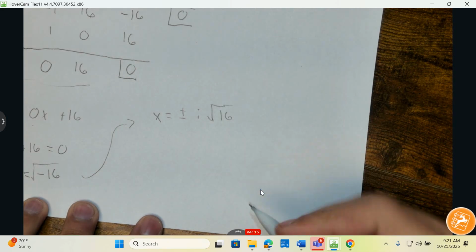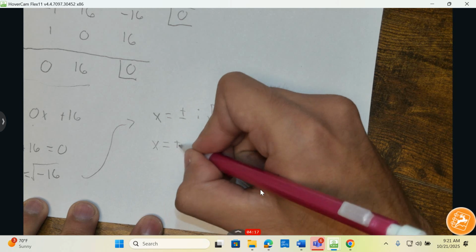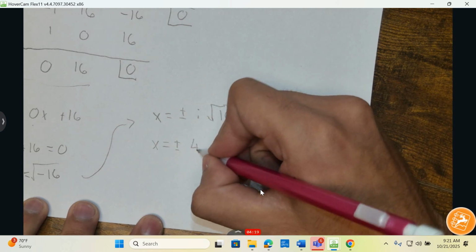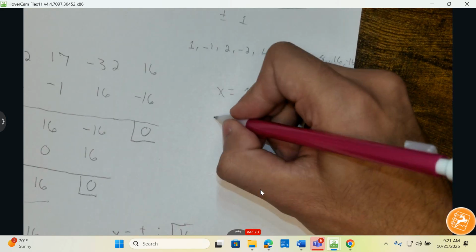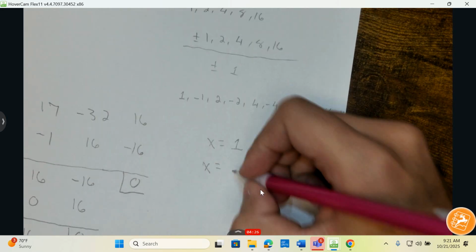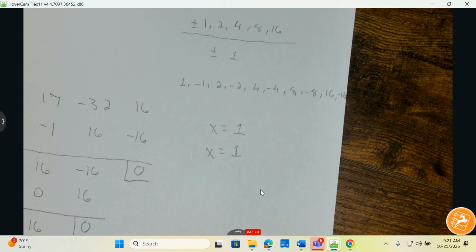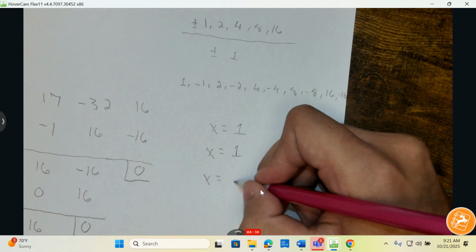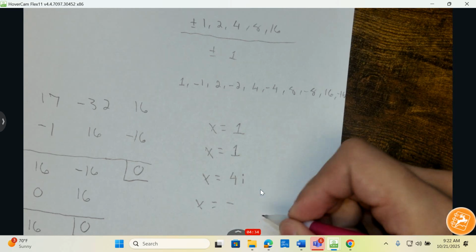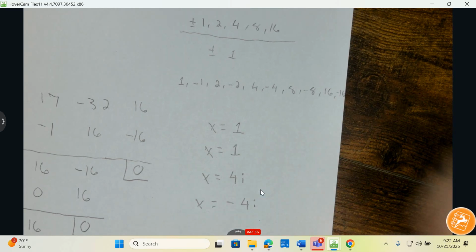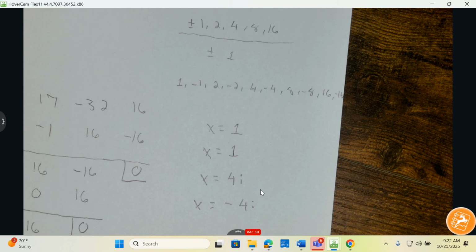I still got to find that square root. Once I do that, I'm going to get plus or minus 4i. So one of my answers was 1 because it got repeated. And since I got x is equal to plus or minus 4i, that means I get a 4i right here, and then I get a negative 4i right there. So I was able to find all my zeros.